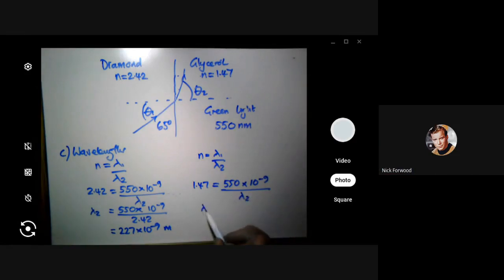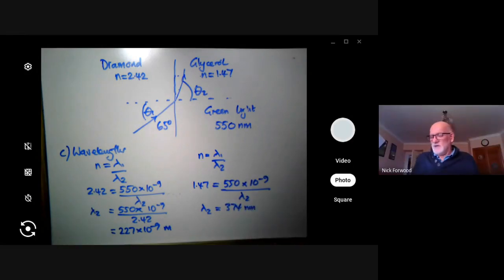Rewrite it, lambda 2 equals, just to be daft, 374 nanometers. There's no way you need to do all these different units. Just stick with one and write down what you get.